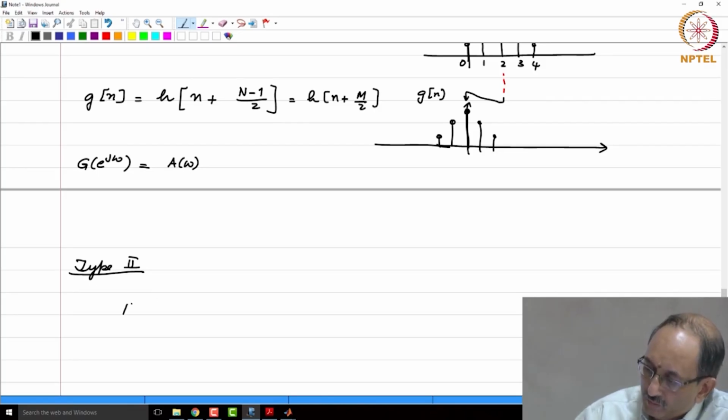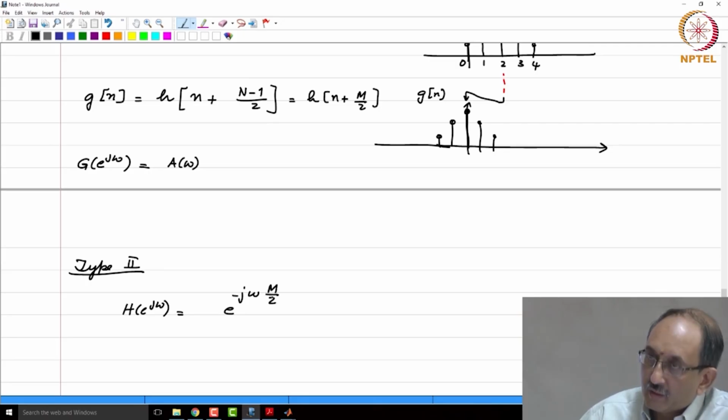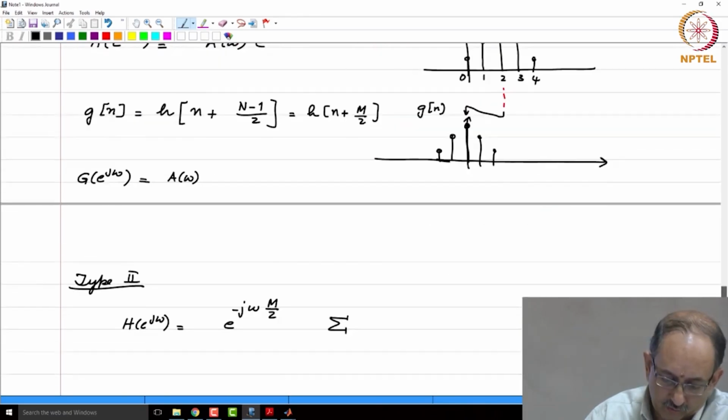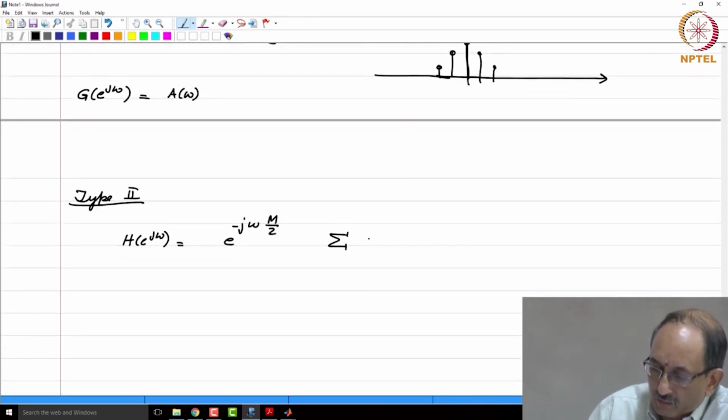Therefore, H of omega in this case turns out to be e to the minus j omega m by 2 times, before you had H of m by 2 sample in the expression here, there is no sample for type 2 that corresponds to this. Therefore, that term will be missing.